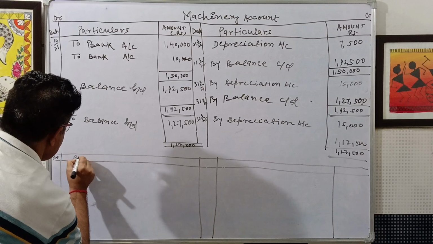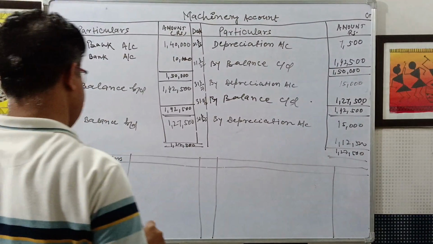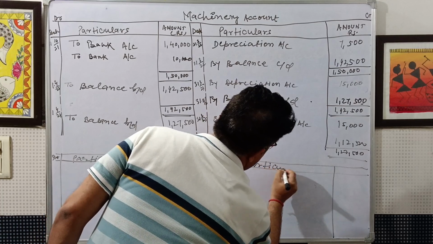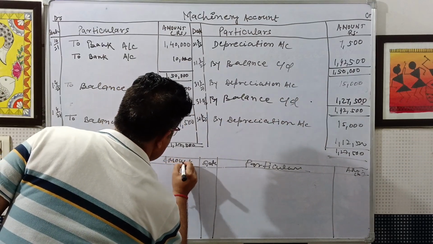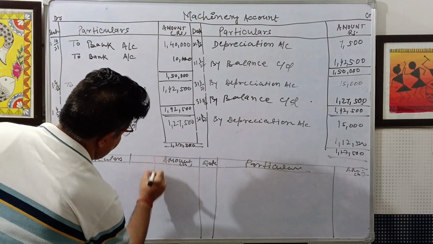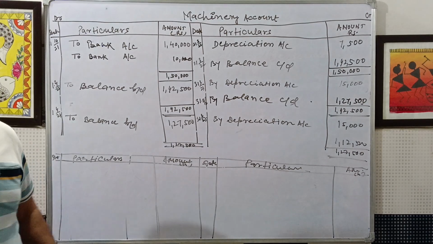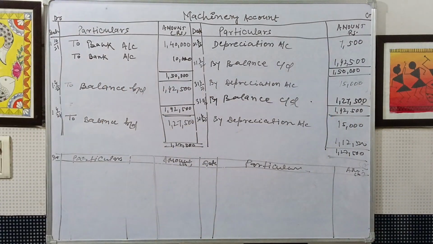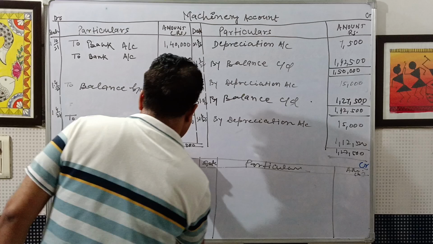Date, particulars, amount, rupees, debit, credit. Depreciation account.